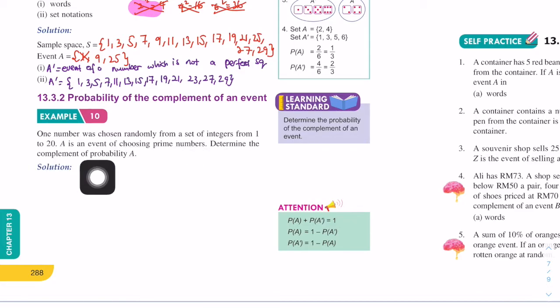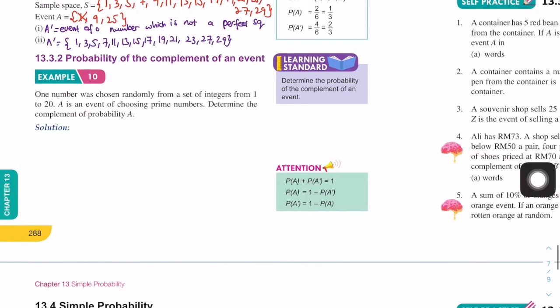Determine the probability of the complement of A. So if possible, try to list our sample space. The sample space is numbers 1 until 20, right? So 1, 2, 3, 4, 5, and so on until 20.